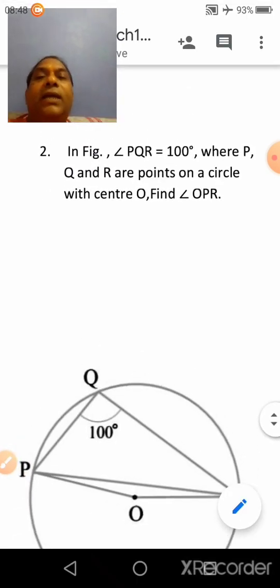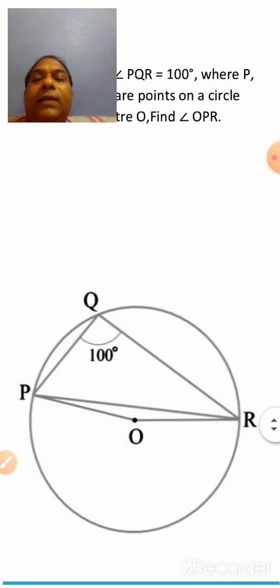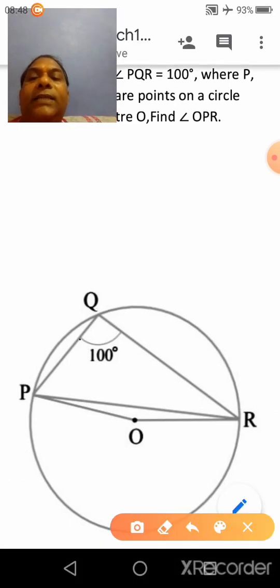Here in figure PQR, angle PQR is equal to 100 degree, where P, Q and R are points on a circle with center O. Find angle QPR. Here this angle is 100 degree given.